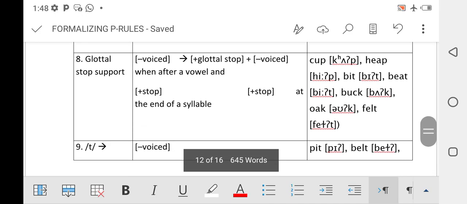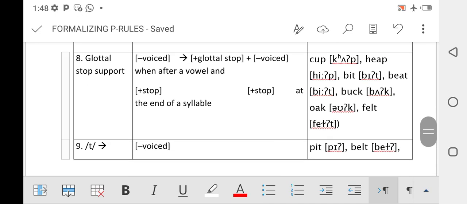Okay. Now we have the glottal stop support. This is a voiceless stop. The voiceless stop becomes a glottal stop when it comes in contact with another stop, after a vowel and at the end of a syllable.